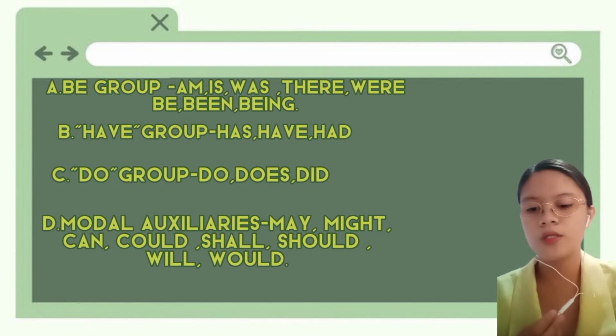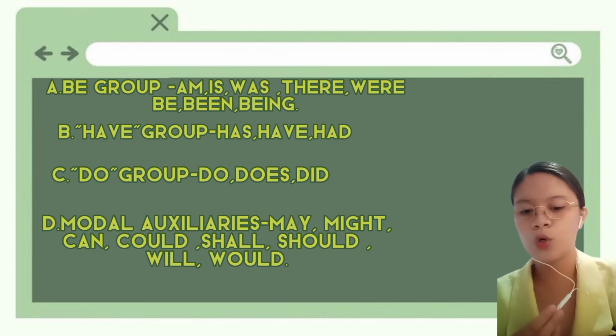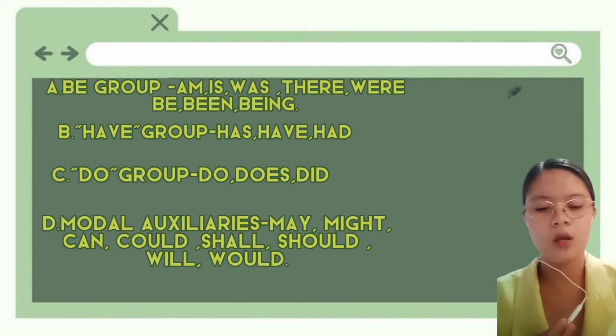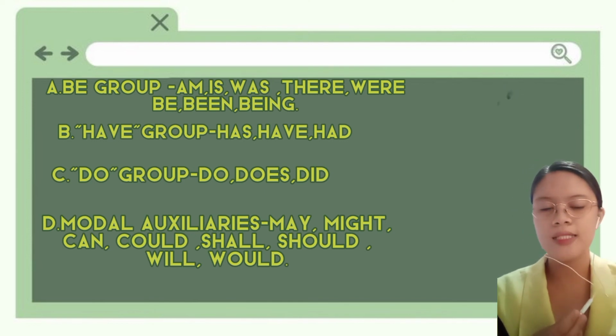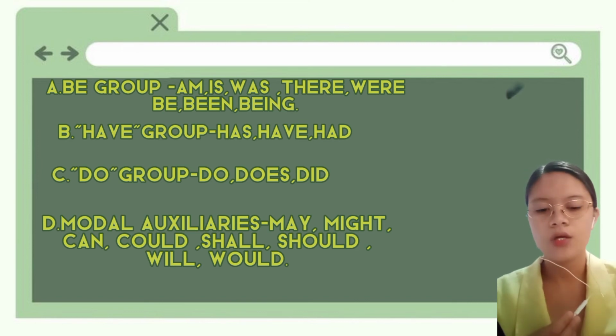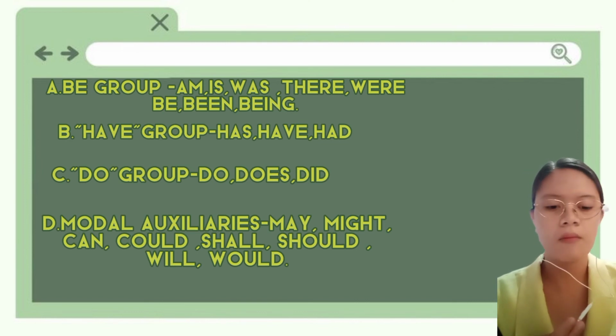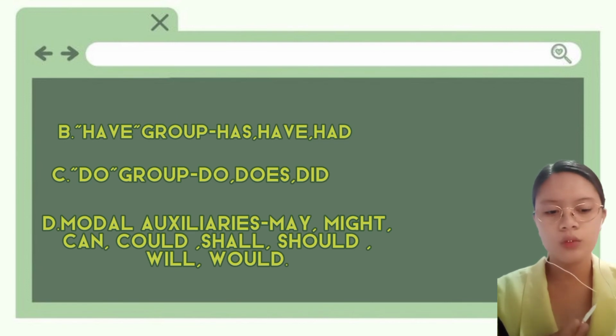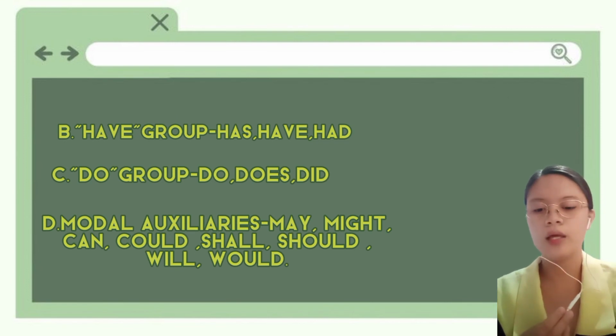And the second group is the have group: has, have, had. The third group is the do group or the emphatic group: do, does, and did. And the last one is the modal auxiliaries. It includes may, might, can, could, shall, should, will, and would.